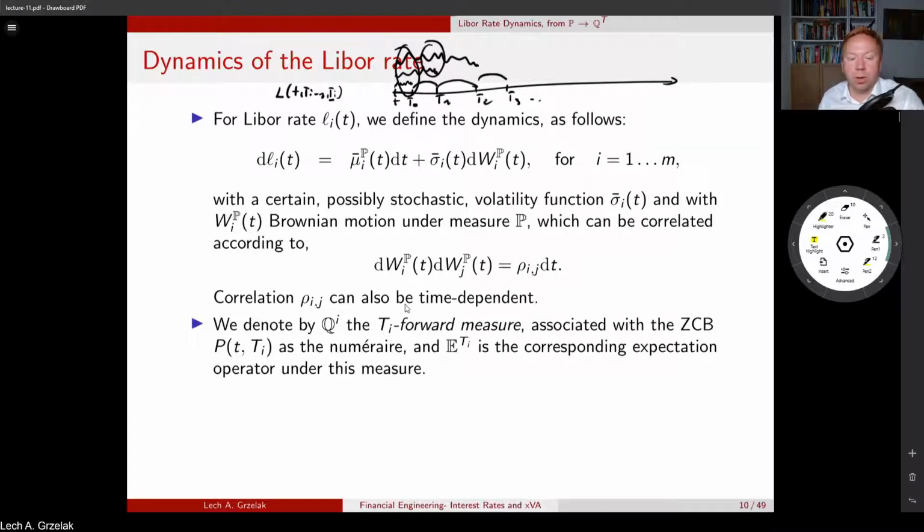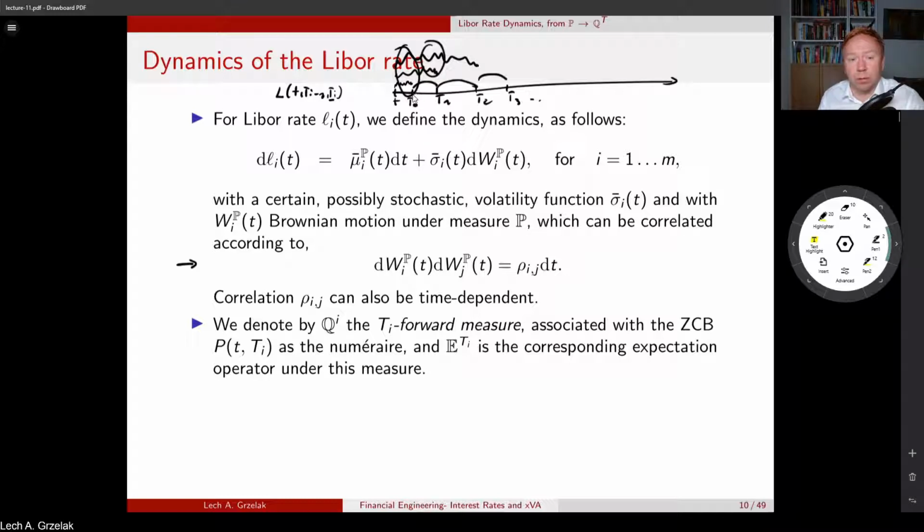And this is the correlation between all the Libors. It's also possible to define it to be time dependent. I'm not going to show you how this definition should be done. Typically, it's done via some parametrization. So if you have two Libors, the first Libor over this period and the second Libor over this period, you can define a parametrization for this rho such that if Libors are close to each other, so Libor 1 and Libor 2, then the correlation is the highest.